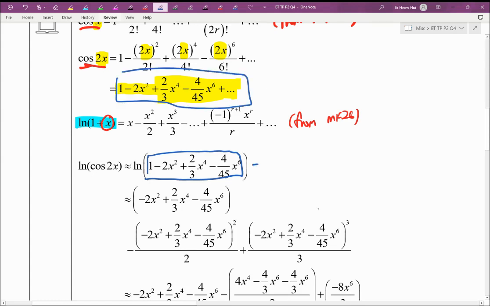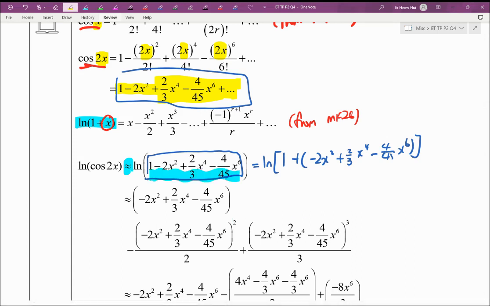So I can re-express this as ln(1 + (-2x^2 + 2/3 x^4 - 4/45 x^6)). Notice the difference in usage. This is approximation because this is an approximated expression, and this is equivalent because this entire expression here is exactly the same as what is before. So be careful when you use the approximation and equivalent signs.